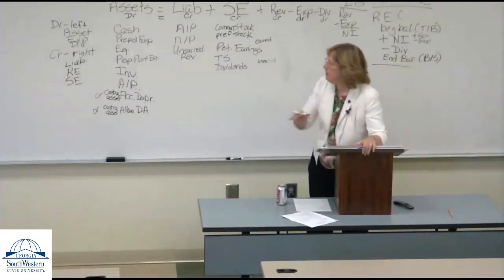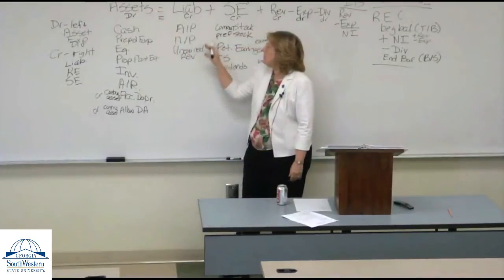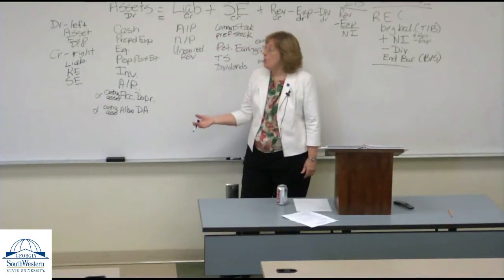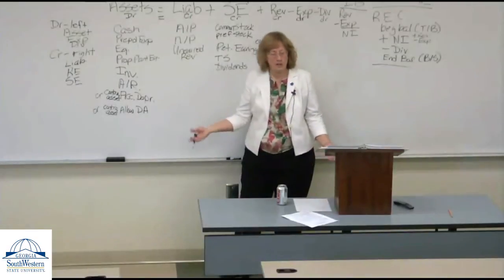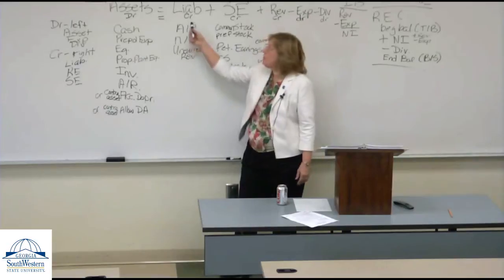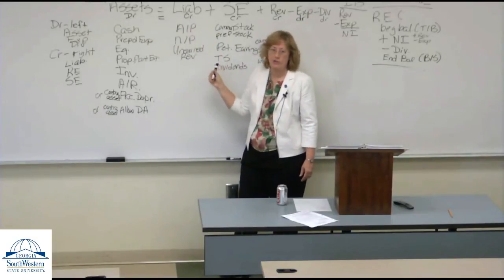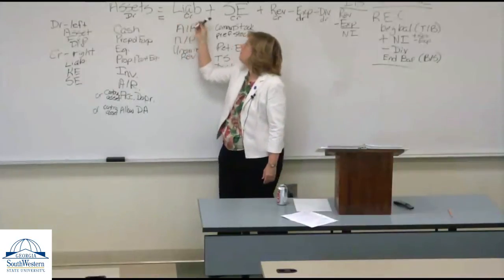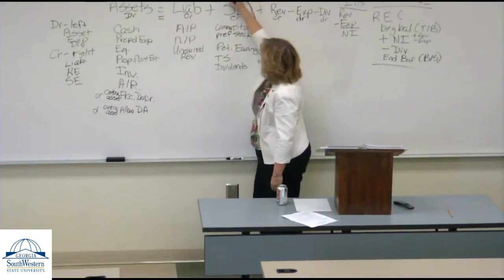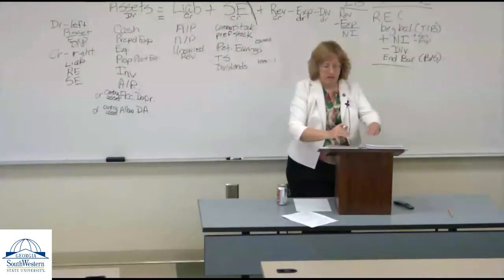And for all of the little things on the list, you can look at this and ask, does accounts payable have a debit or a credit balance? A credit balance. Think of what kind of account it is and where it falls. It's on the right side of the accounting equation on the balance sheet.